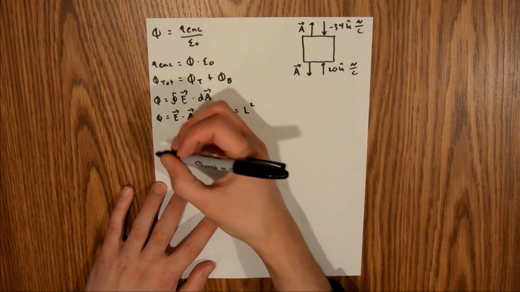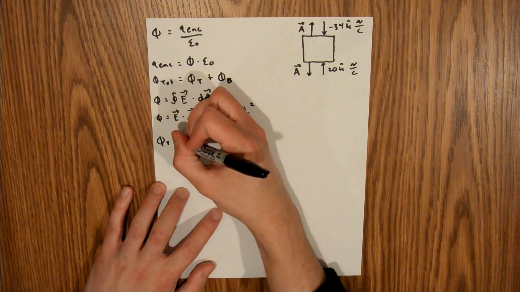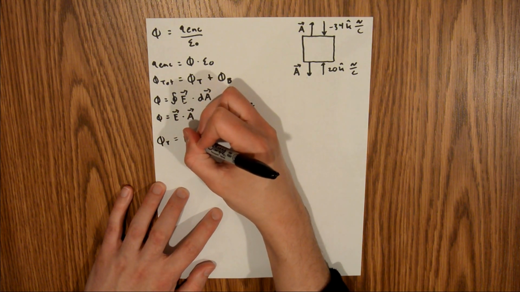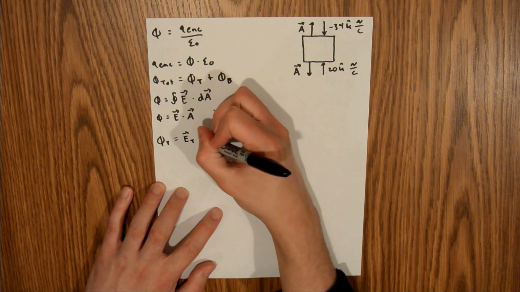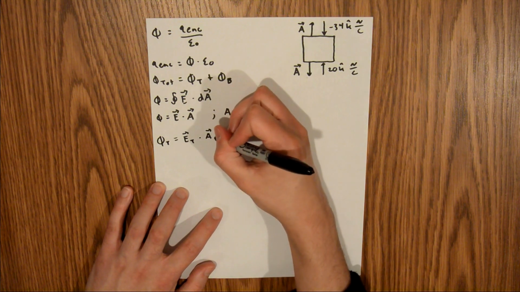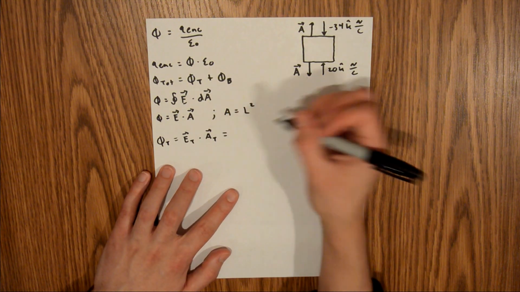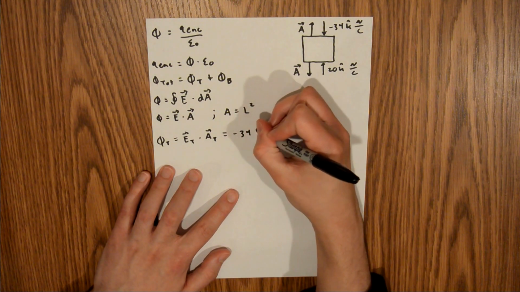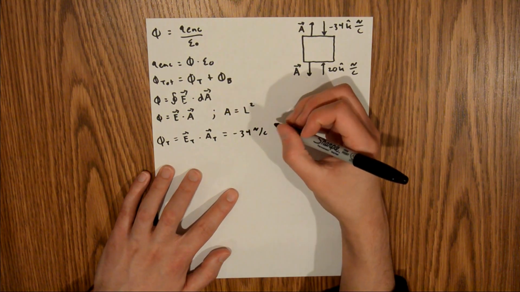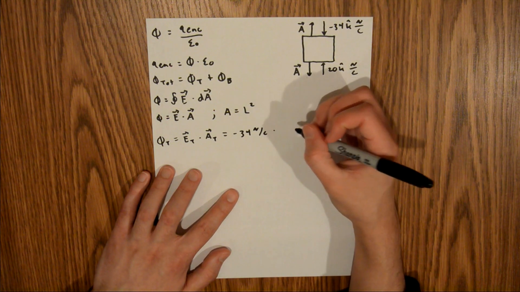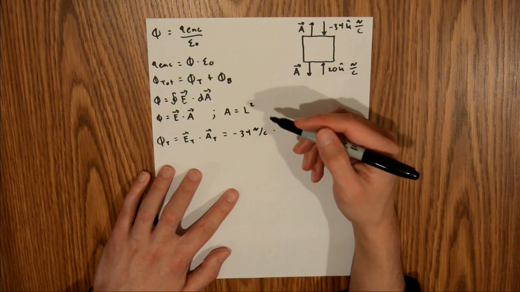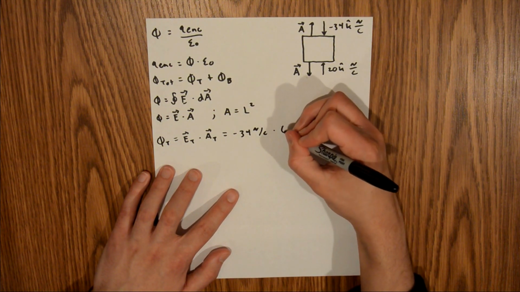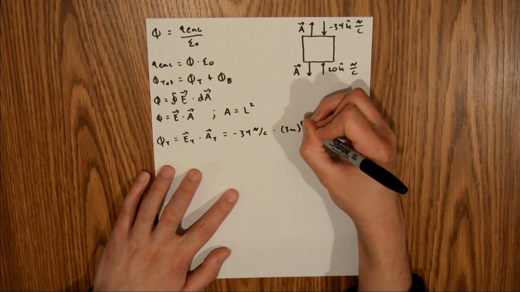I'm going to start with the flux on the top. That is equal to the electric field on the top times the area of the top, which is negative 34 newtons per coulomb times our area, the length of the side squared, and we're told that is 3 meters, so this is 3 meters squared.